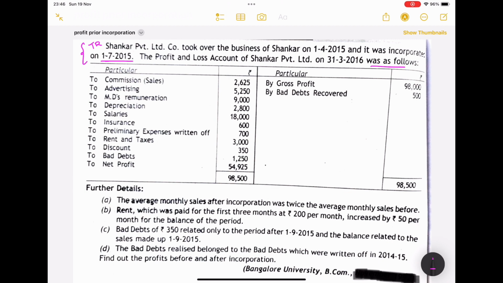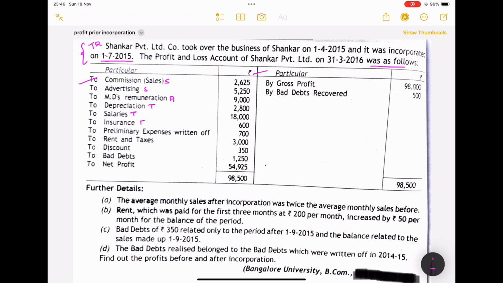Next, they have given the P&L account. In this P&L account we have certain expenditures and certain incomes, isn't it? Commission is fully related to the sales ratio, advertising also sales ratio, I'll just write yes. Next, MD's remuneration is fully related to actual post-incorporation. Depreciation is time ratio, salaries time ratio, insurance is also time ratio.